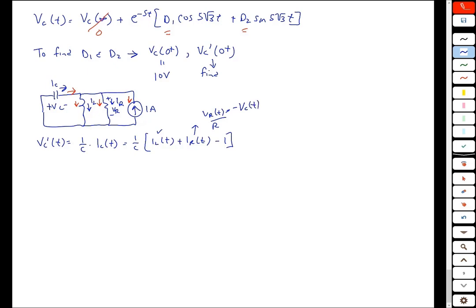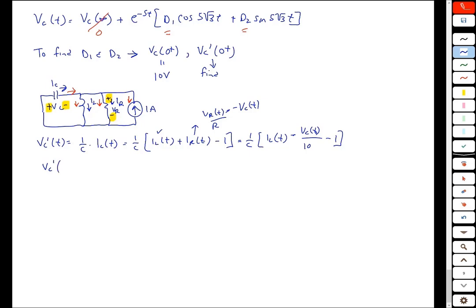Once again, if you look at how we defined VC with the plus on the left and the minus on the right, it's the opposite of how we define VR. So VR is just minus VC. So that means that VC prime of t is 1 over C times IL of t minus VC of t over R, which is 10 ohms, minus 1.